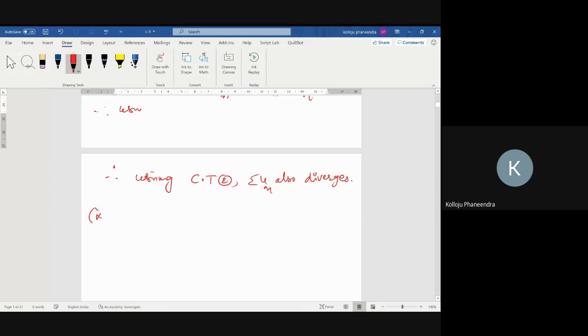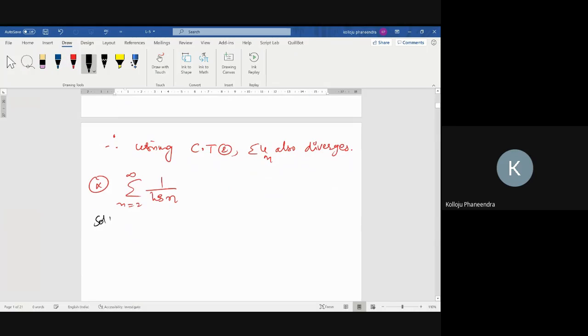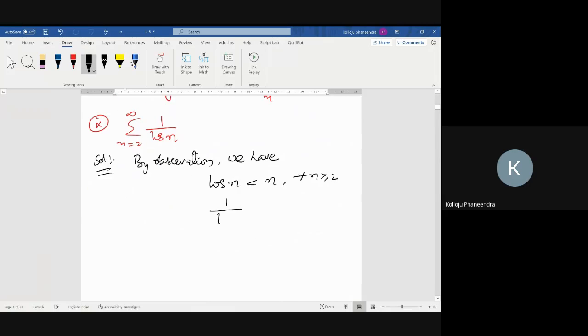Same logic, same problem, sigma 1 by log n. You can do this, n equal to 2 to infinity. What is the answer here? Same, by observation we cannot apply the limit comparison test directly here. By observation we have log n is always less than n for all n greater than or equal to 2. So 1 by log n is greater than 1 by n for all n greater than or equal to 2.